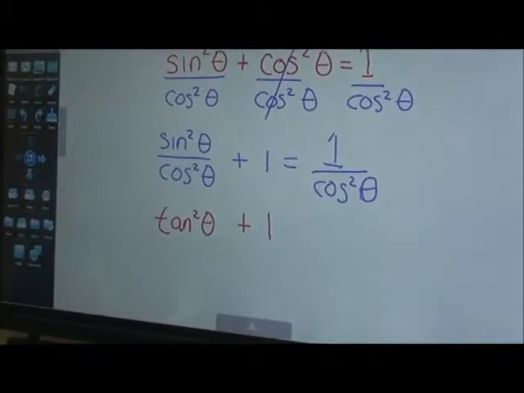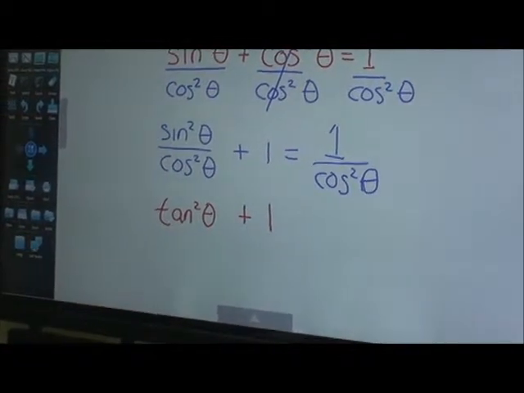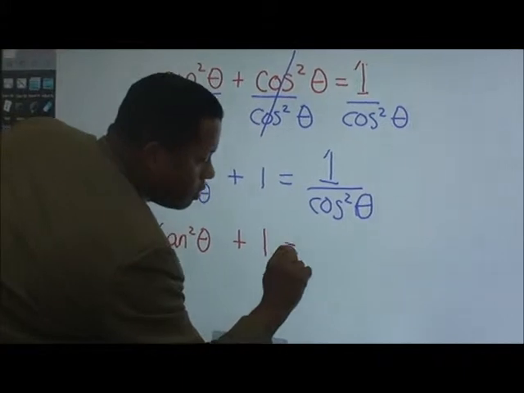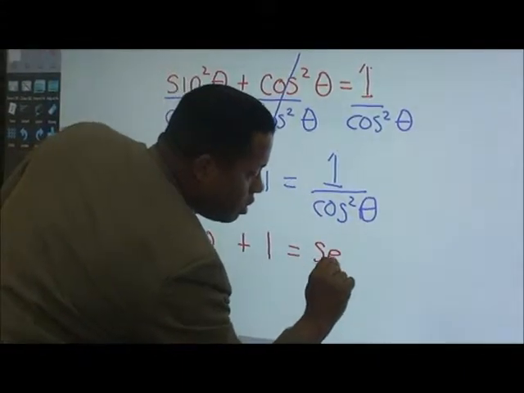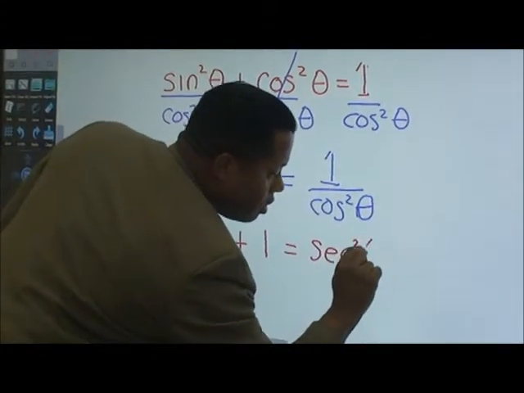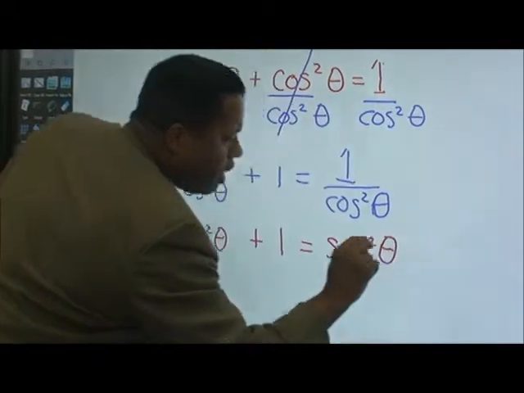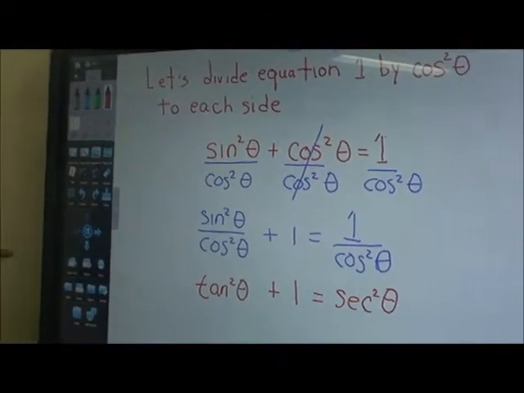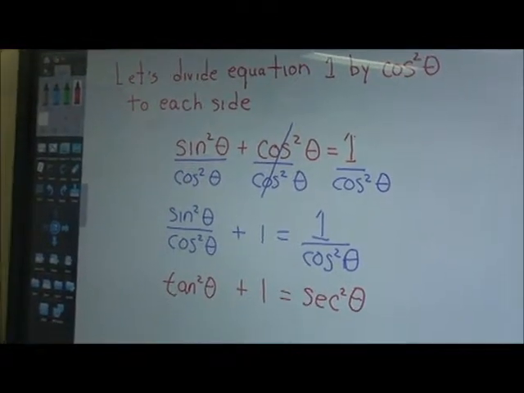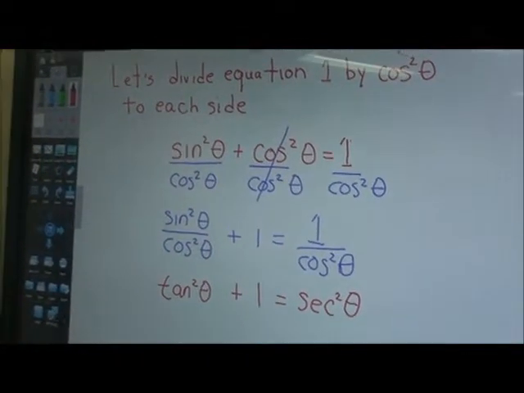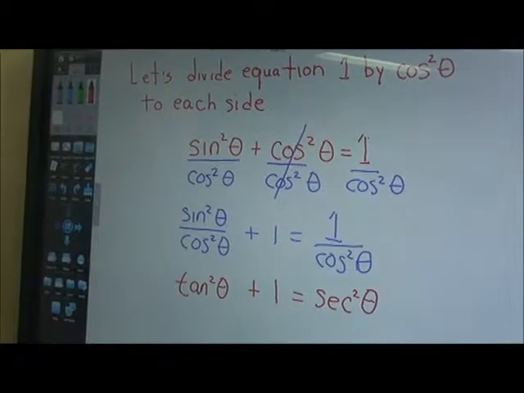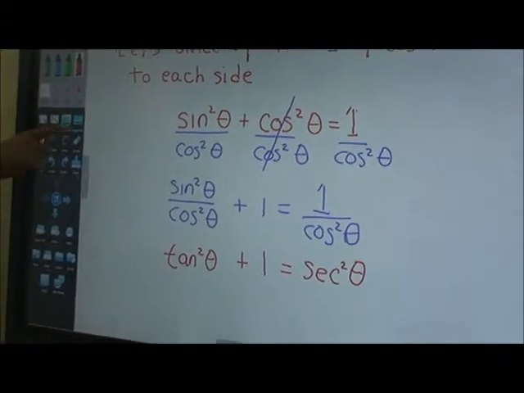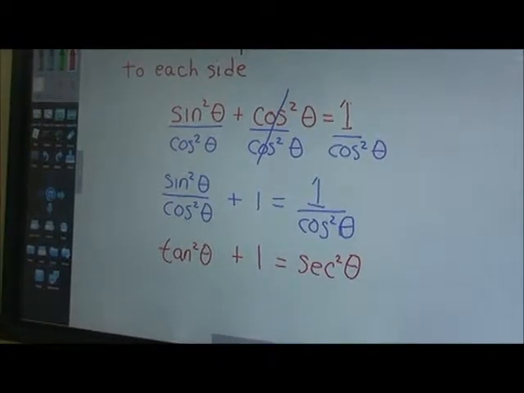That should be secant squared theta, right? And I'll tell you why: the original identity, sine squared theta divided by cosine squared theta, is going to give you tan squared theta, which is one of the quotient identities here.